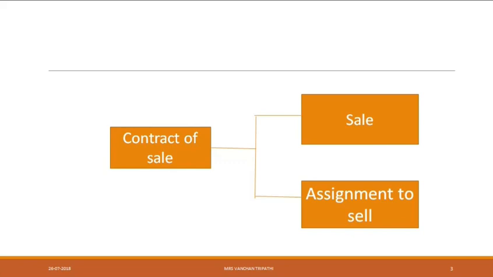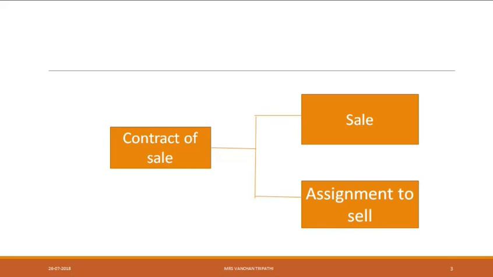Agreement to sell is the executory contract. Executory means which will be executed in future, where the transfer of property in goods is to take place at a future time or subject to fulfillment of certain conditions.